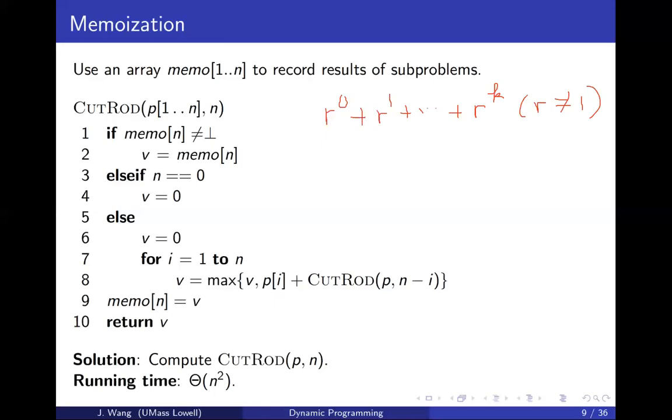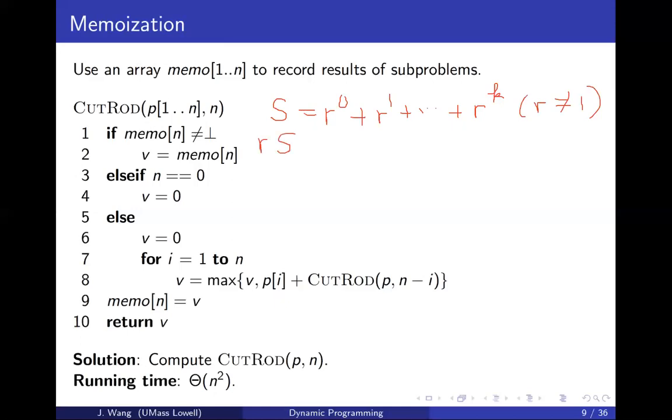Okay, so let me tell you a quick trick. I can just let S be the summation. I don't know what it is, but I can just say this is S. And then I'm going to multiply this equation by r at both sides.